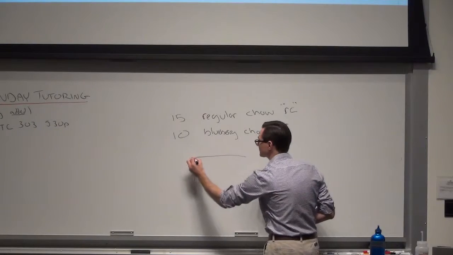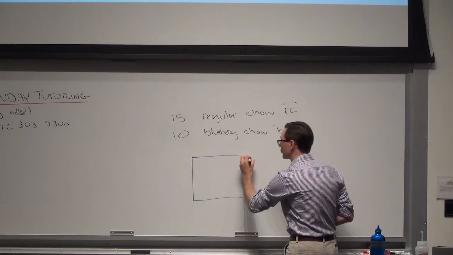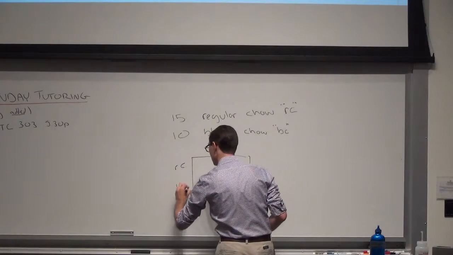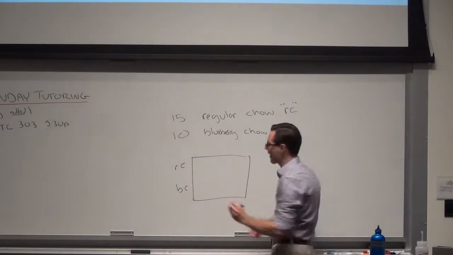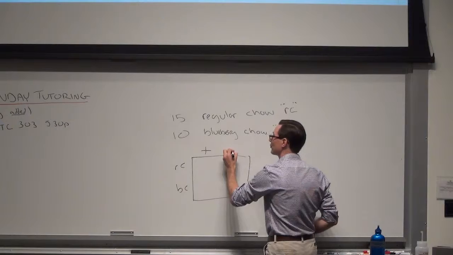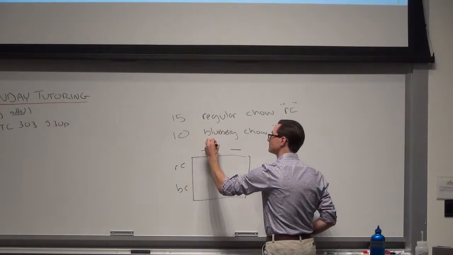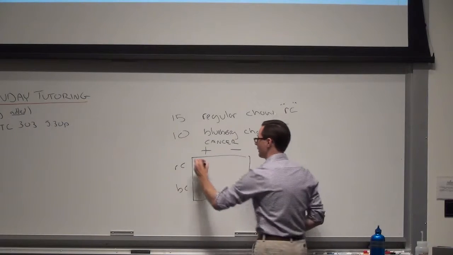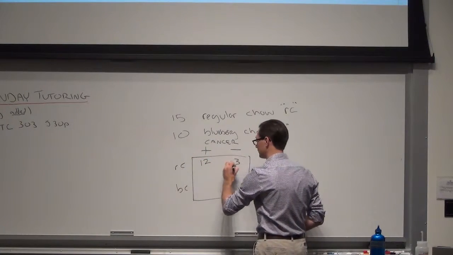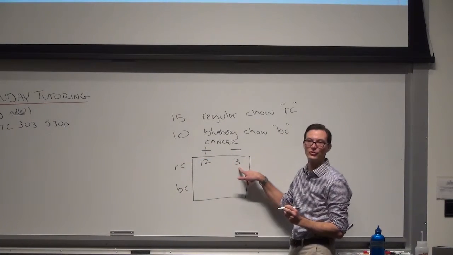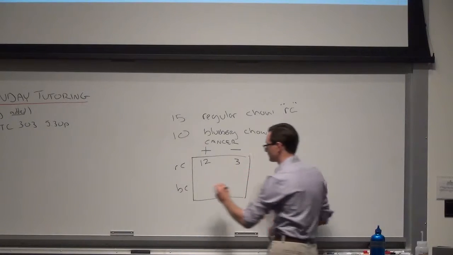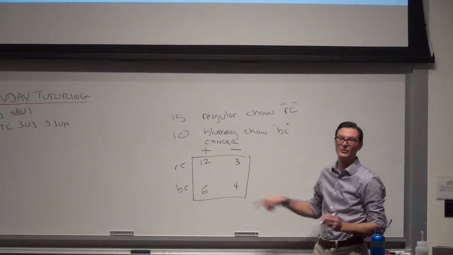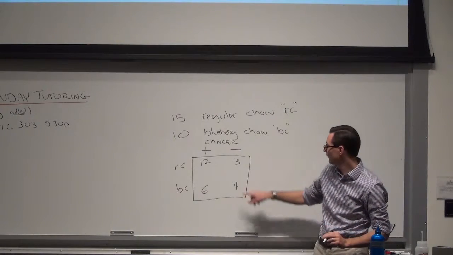So this is the result we get. We have regular chow, blueberry chow, yes cancer, no cancer. And we get only 3 of our regular chow mice got cancer. But 4 out of our 10 blueberry mice failed to get cancer.